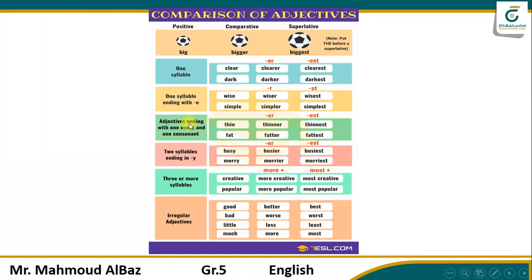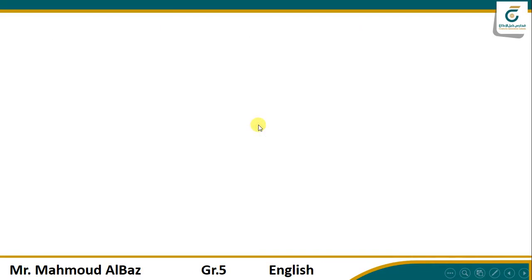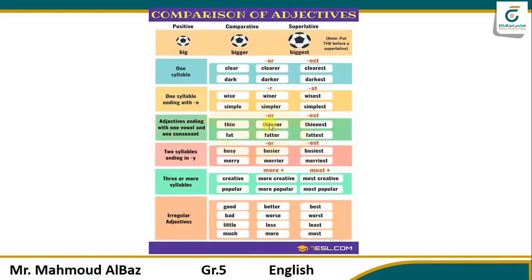Here, adjectives that have one vowel and end with one consonant, like thin, double the last letter, thinner. Double n, then er. Fat, fatter. Thinnest, fattest.